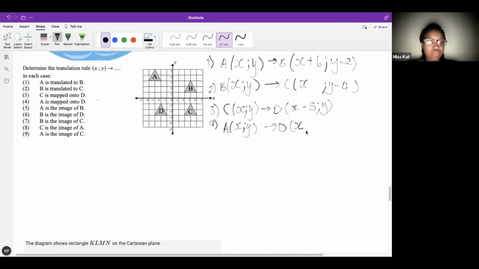How many times did we move? Remember we're going from A to D, not the other way around. Look carefully. This is why I said choose a point. This point to that point. How many times did we move? Once. Thank you, guys. So we moved right once. And then let's check the Y's. Do we go up or down?